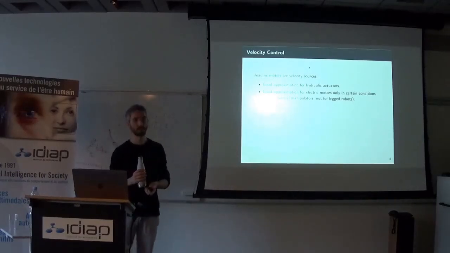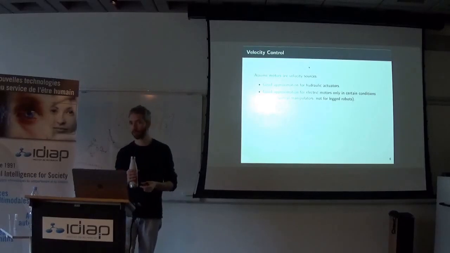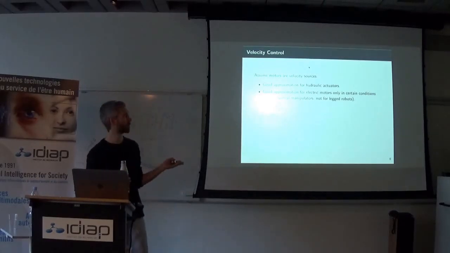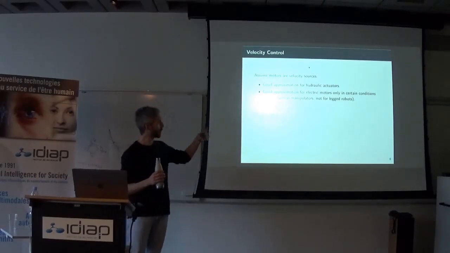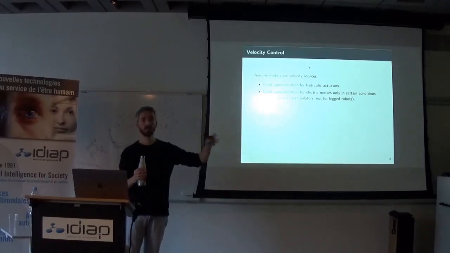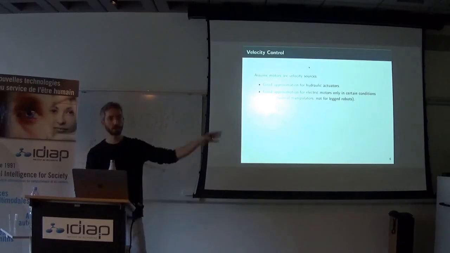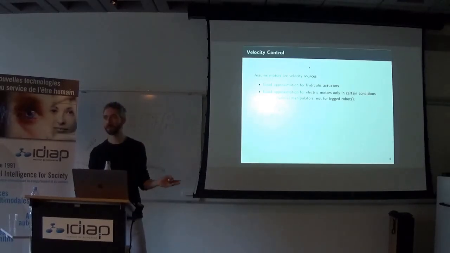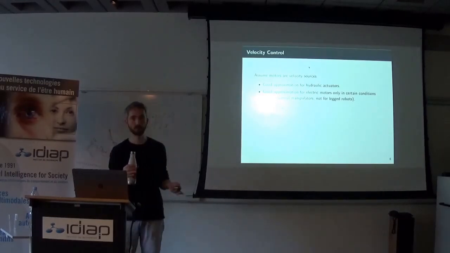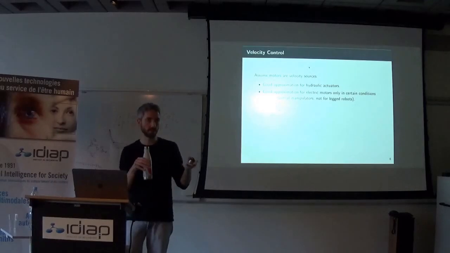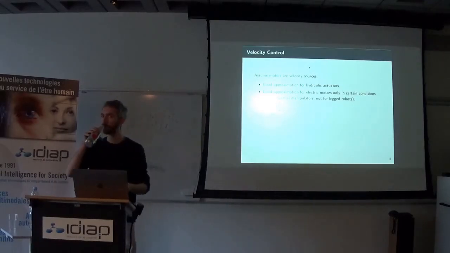It can also be a good approximation for electric motors, but only in certain situations. Like if you have an industrial manipulator that is not coming in contact with the environment, it's just moving in free space, it's quite reasonable to assume that you can control the velocity of the system. And that's how most industrial manipulators are controlled. They assume that they can control the velocity.